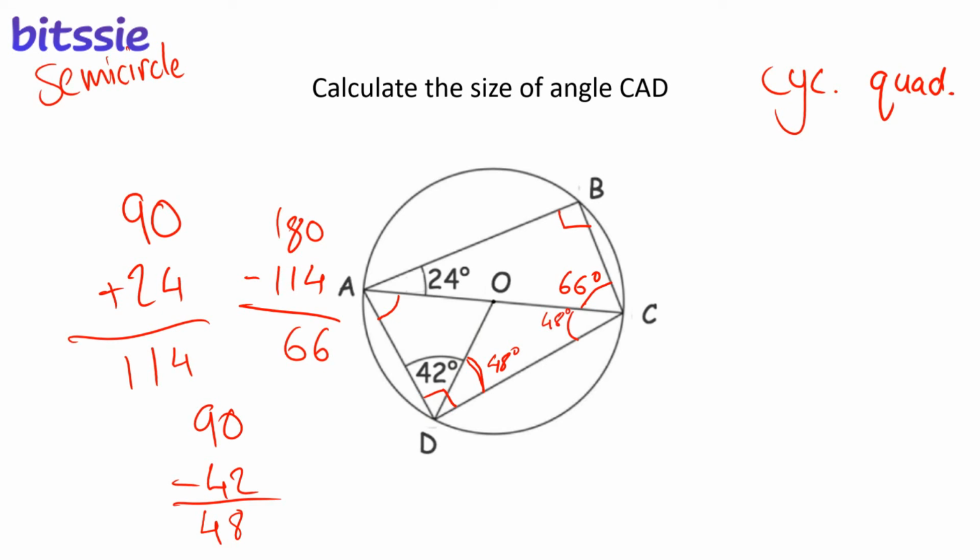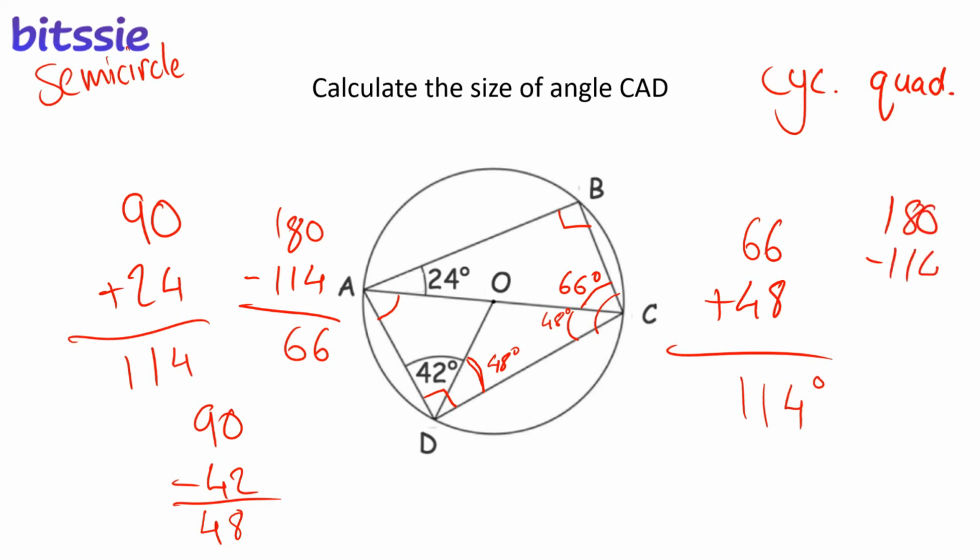And we can work out the total angle of BCD to give us 66 plus 48, which is 114 degrees. And then since opposite angles add to 180, we've got 180 minus 114 again to give us 66, which means that our angle here is 66 minus 24, which is 42 degrees.